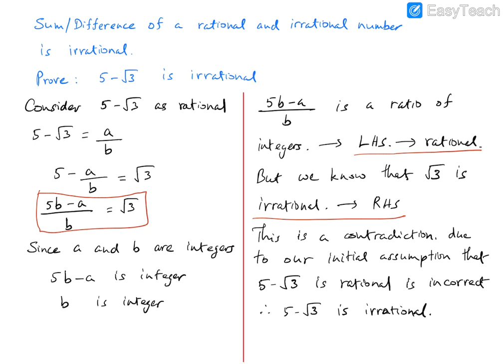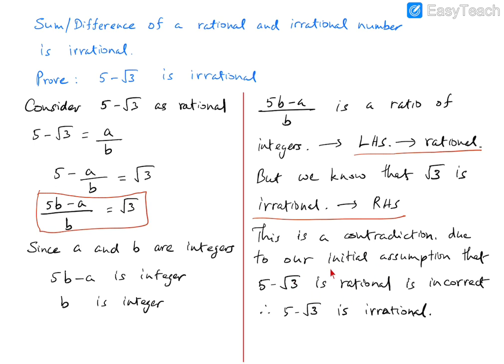So we start off by considering that the given number is rational, and then we go on to prove that some condition is being contradicted. Using that contradiction, we argue that our initial assumption is incorrect, and therefore we make that correction.